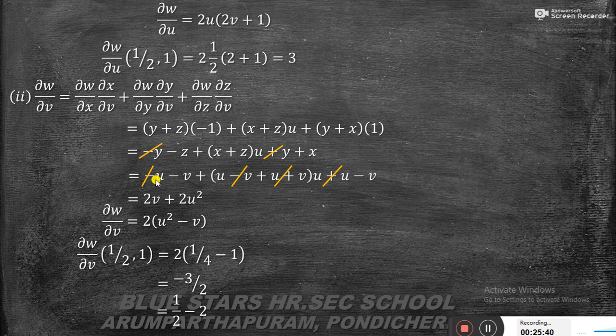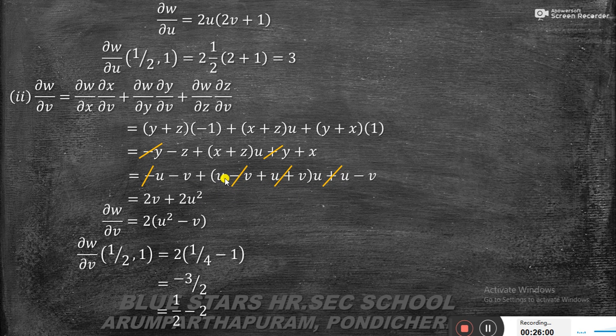So now minus u minus v, here minus v plus v cancelled, so u plus u is 2u, 2u into u. Next minus u plus u cancelled, therefore minus 2u square.